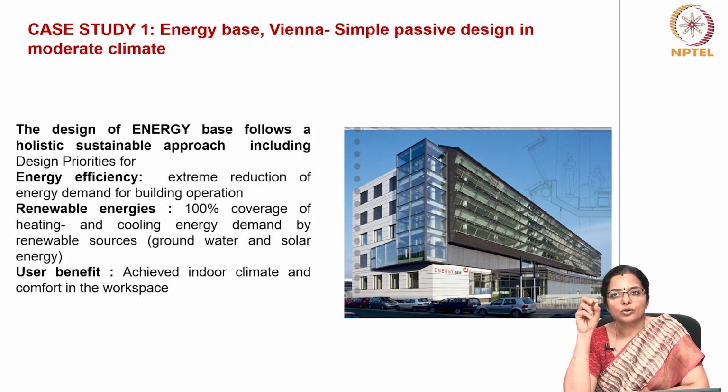Underground means what? Using earth air tunnels or some other such method. The user benefit is achieved through having an indoor climate and comfort in the workspace for maximum time of the year.